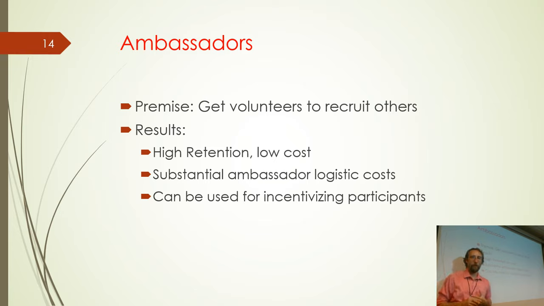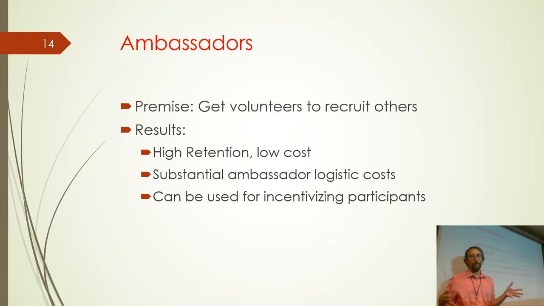What I will say though is there are substantial ambassador logistic costs. So you do have to train the ambassadors on what the study is about, so that they know how to communicate it. You have to tell them how to spot errors and what to do in the case of errors. And generally, you have to do some training around what the whole logistics of the study are. What link people have to click, what happens the entire time.